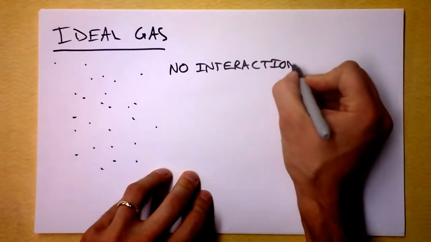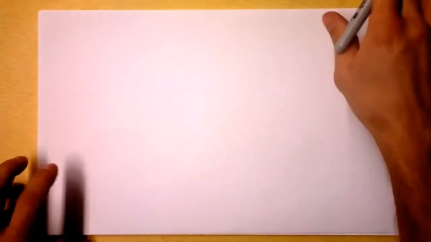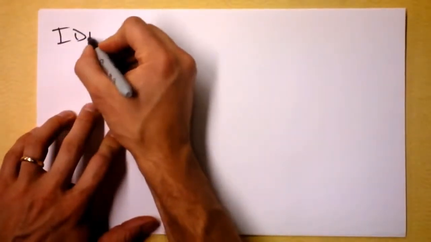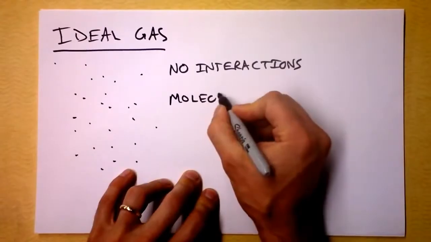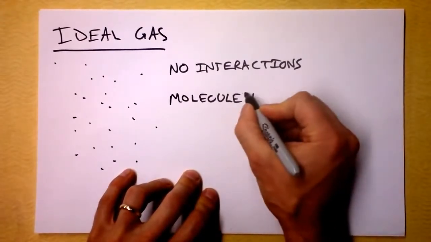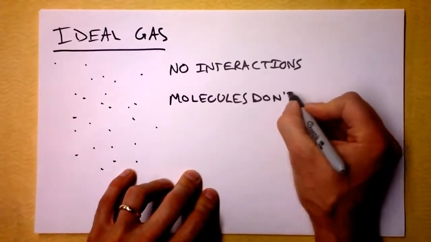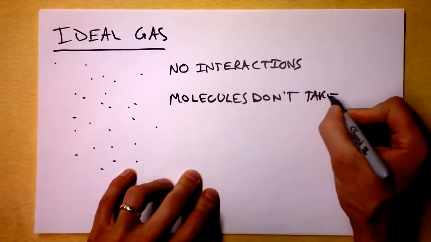Today we're really going to get into the idea of thermodynamics. So I want to talk first about what a state is. Even before that, perhaps I should define something called an ideal gas. Molecules don't take up space.